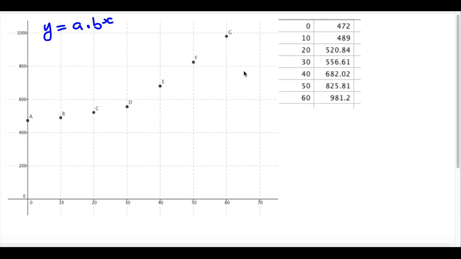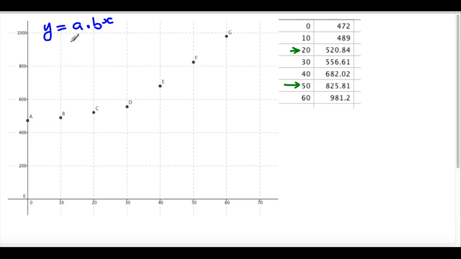So point C, that would be this point here, 20,520.84. And point F will be 50,825.81.